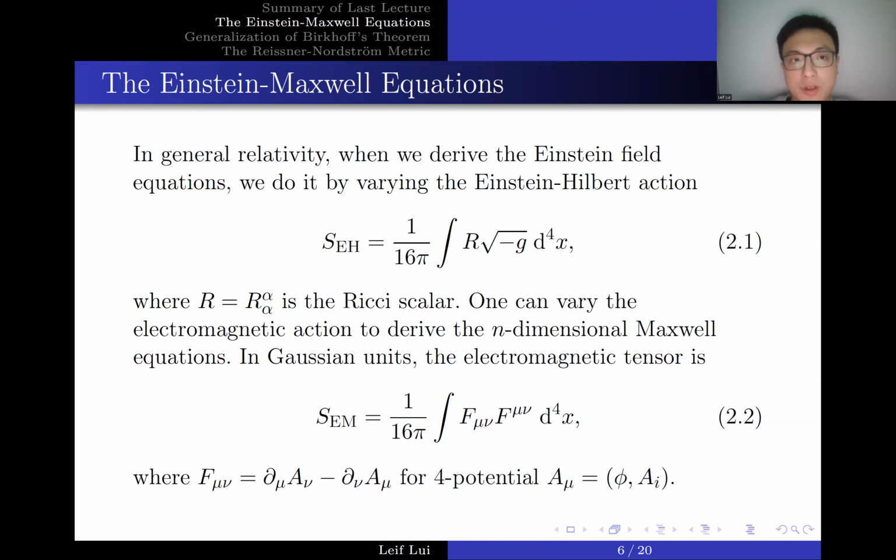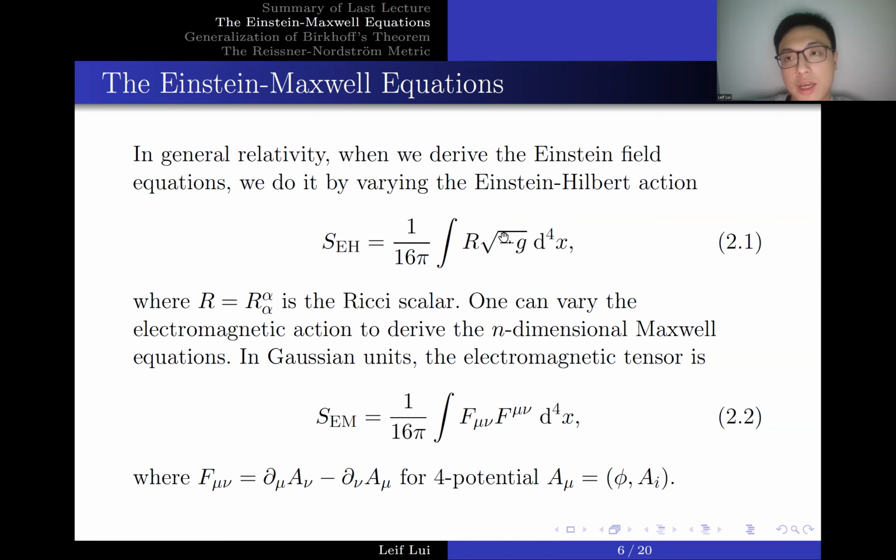To do so, we need to first have an equation that describes both gravitational fields and electric fields. So in general relativity, when we derive the Einstein field equations, we do it by varying the Einstein-Hilbert action. R is the Ricci scalar, and the square root of minus g is the square root of the determinant of the metric.